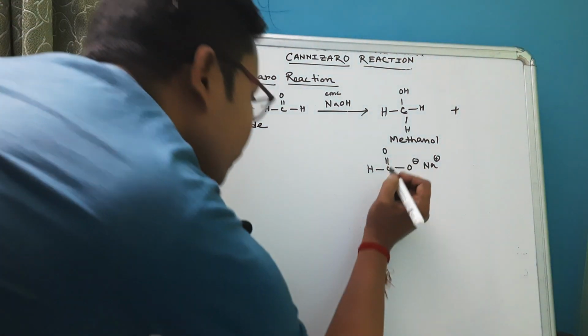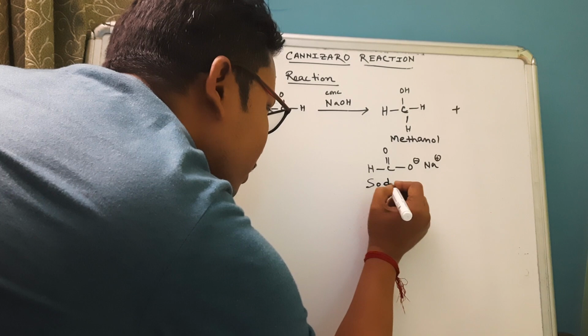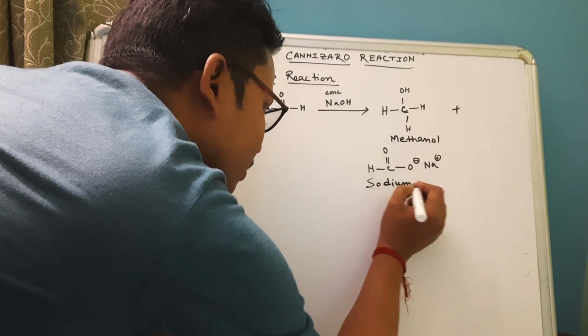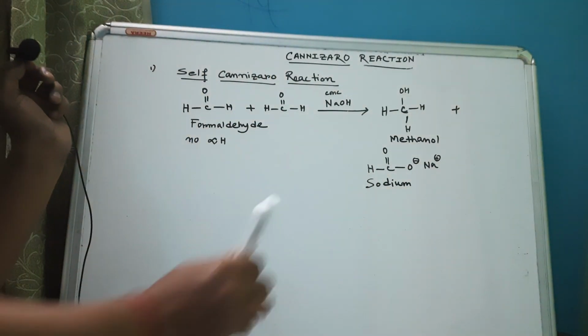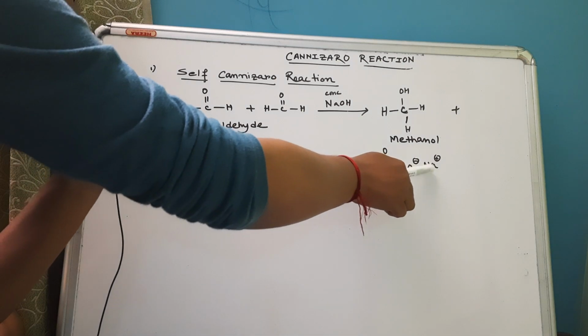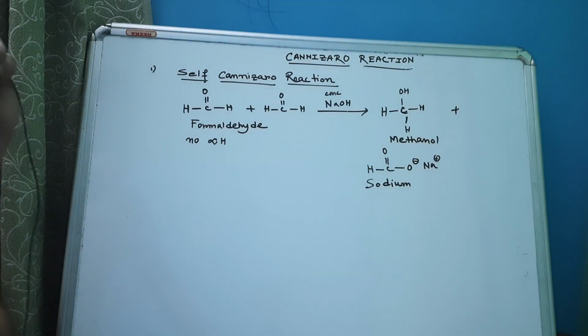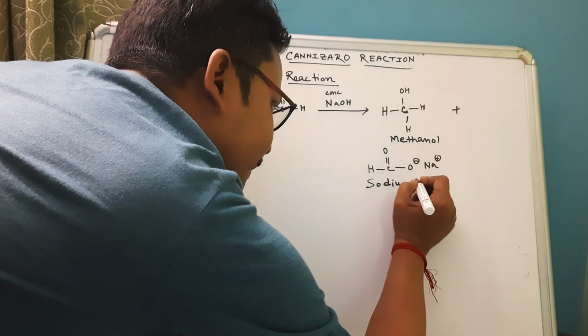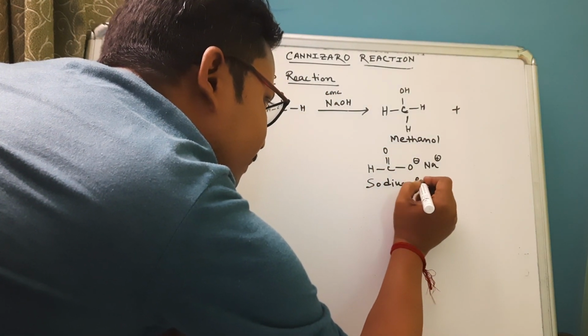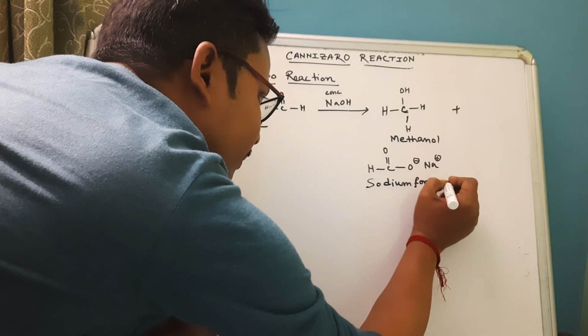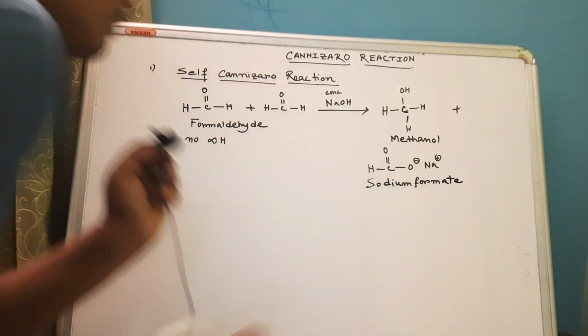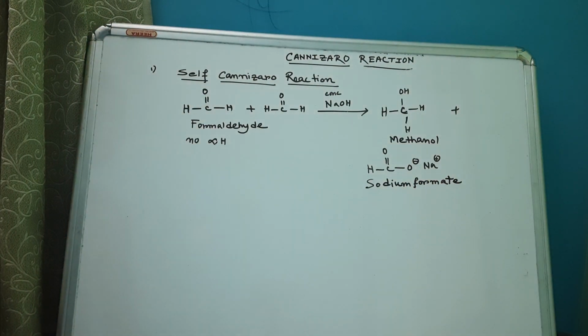This is called sodium formate, the sodium salt of formic acid. If H plus were present in place of sodium, it would be formic acid. As sodium is present, it is sodium formate.